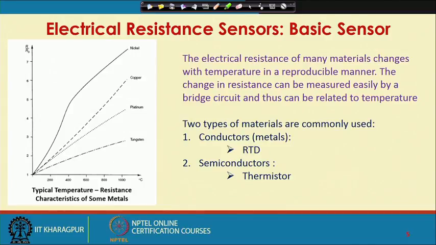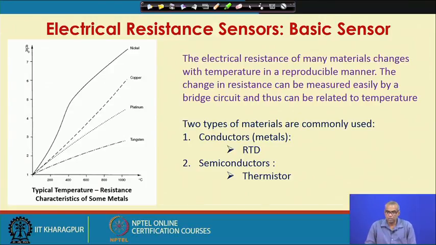Now, the basic principles on which these electrical resistance sensors work are as follows. The electrical resistance of many materials changes with temperature in a reproducible manner. The change in resistance can be measured easily by a bridge circuit and thus can be related to temperature.